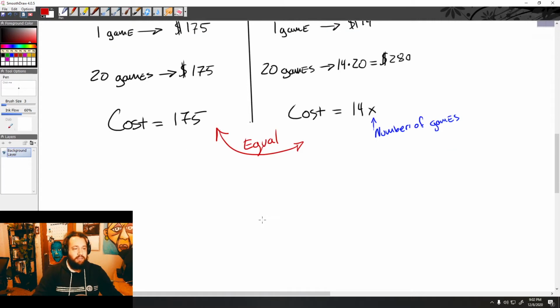So that would be the same thing as saying I have 175 and it needs to equal my 14x. And then you solve for x real easy. You just divide both sides by 14. This crosses out.